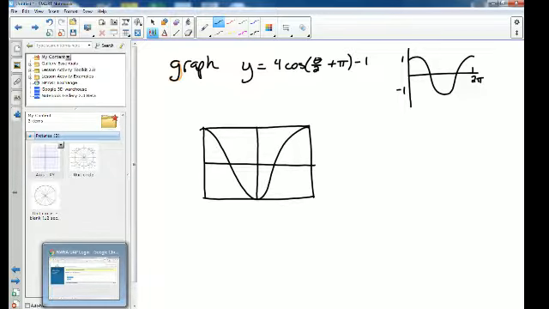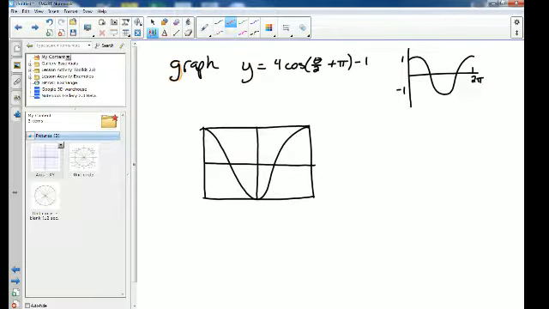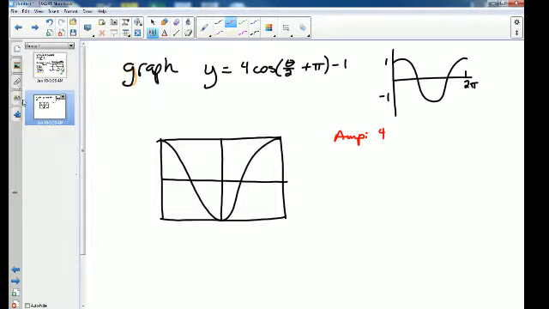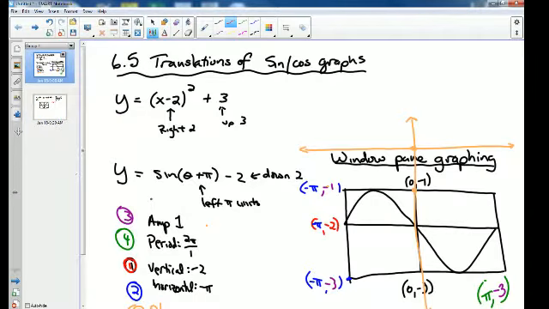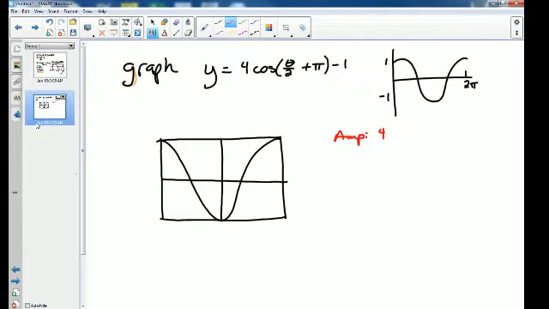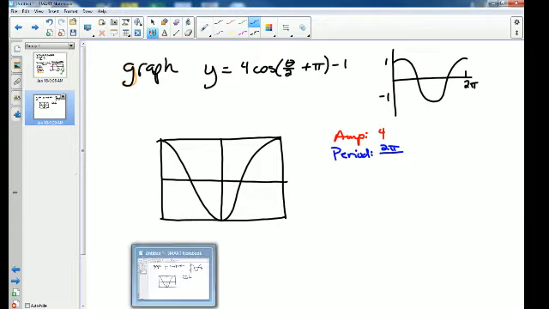Same thing. Very same. So, what's the amplitude? 4. Okay. Period. It's 2 pi over, what's the number in front here? 1/2.